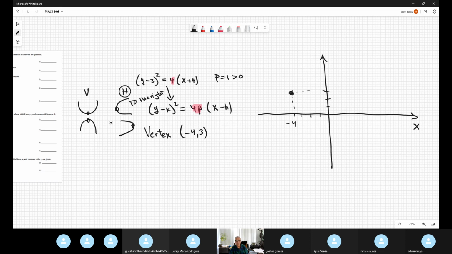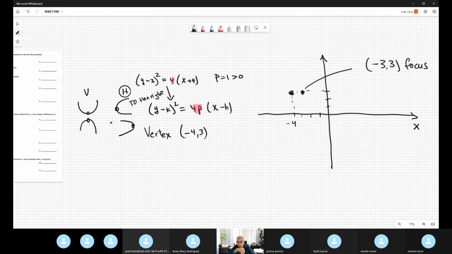Yeah, I know that this parabola opens in that direction, no? Okay, I don't know exactly how narrow or wide it is, because it depends on p. And the focus is always p distance away and inside. So p is 1. The focus is located here, at the point -3,3, no? It's the focus.